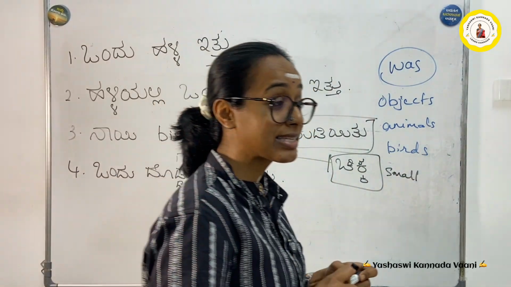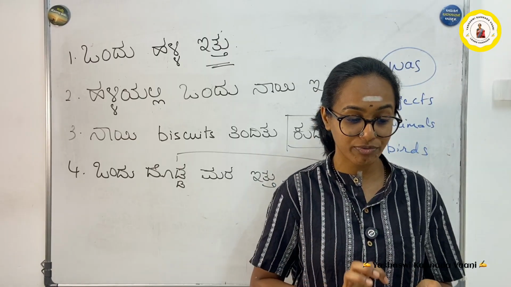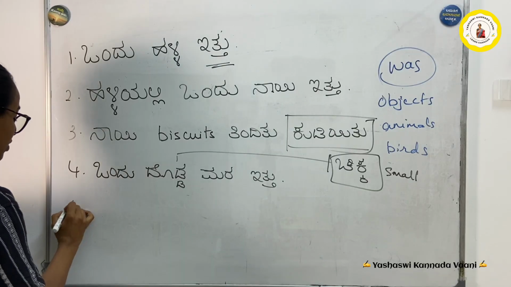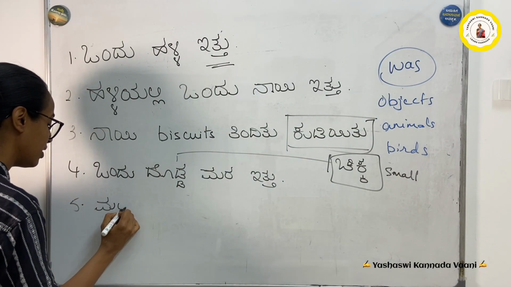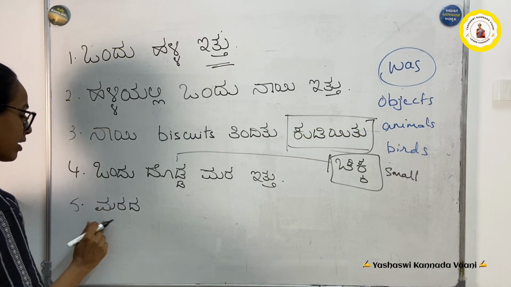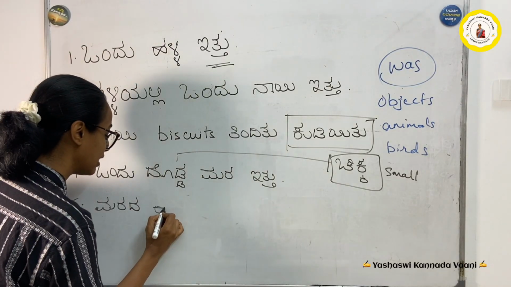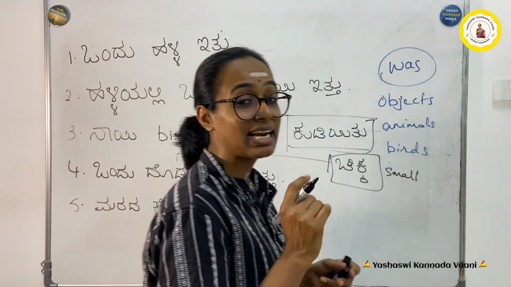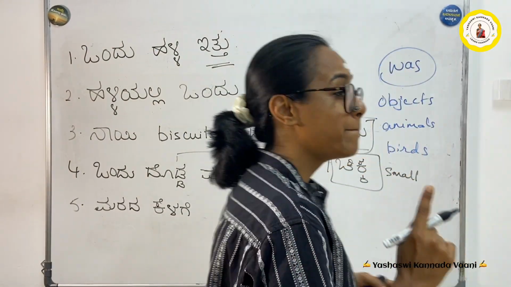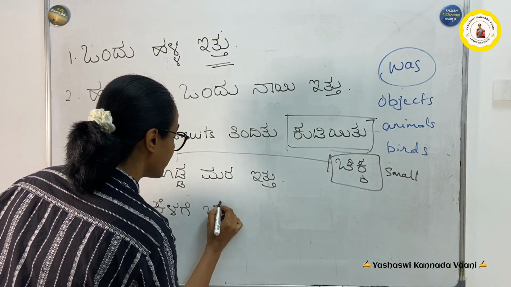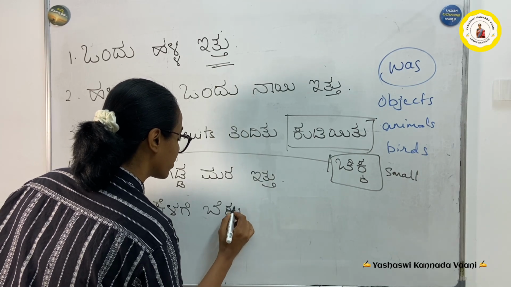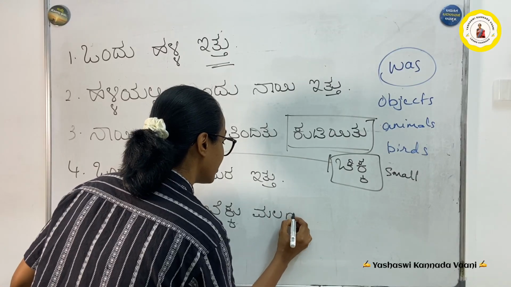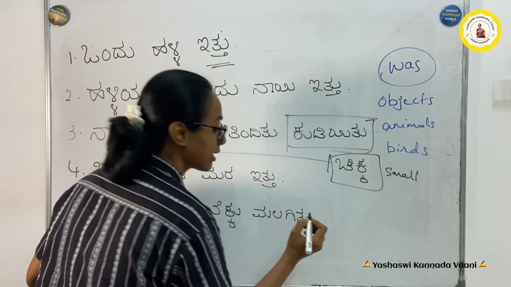Make a note of all these things in your vocabulary section, makla. Don't forget. Okay. Now, marada kelage. What is kelage? Marada kelage, under the tree. ಮರದ ಕೆಳಗೆ. ಬೆಕ್ಕು, how do you write ಬೆಕ್ಕು? ಬೆಕ್ಕು ಮಲಗಿತ್ತು.